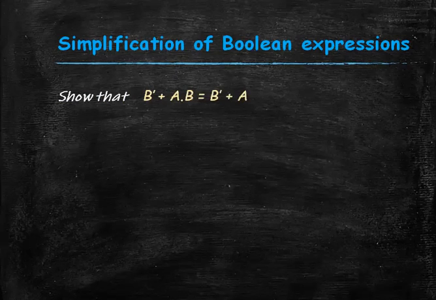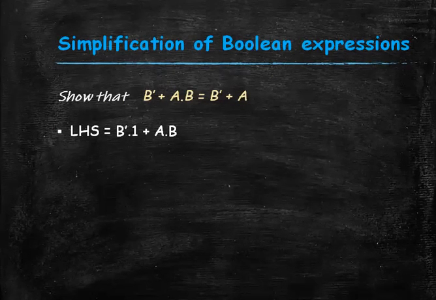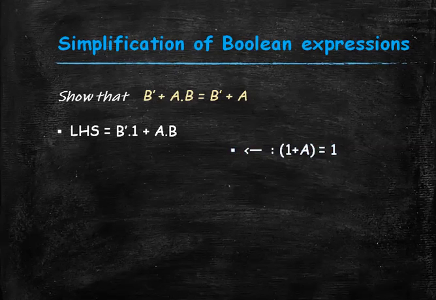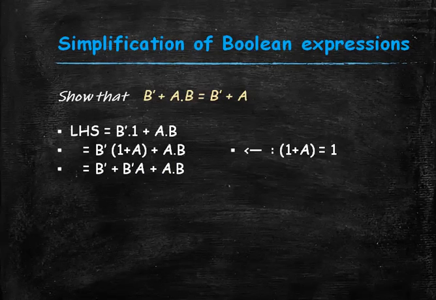Next question is, show that B bar + AB is equal to B bar + A. Here we write the first term as B bar·1 + AB, and we substitute the 1 as 1 + A, and we expand it, that is B bar + B bar A + AB.